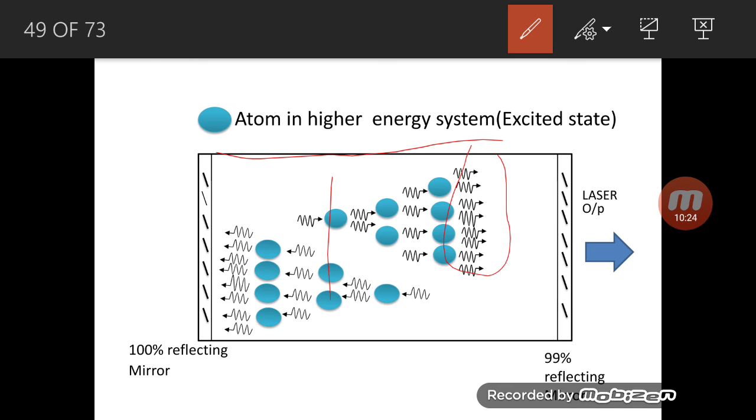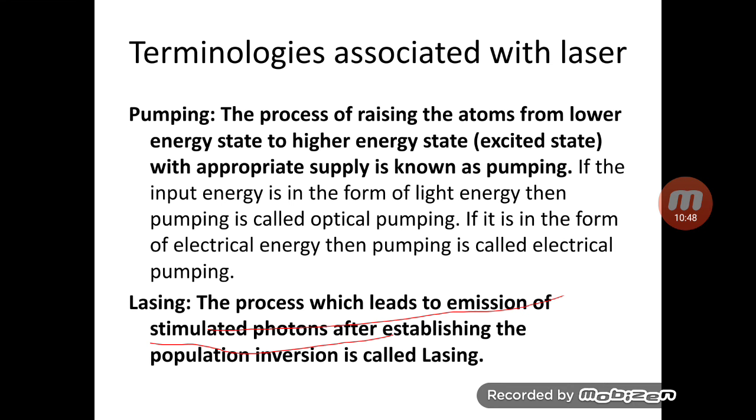Now, lasing is such that the atoms should first be pumped to the higher energy level. After pumping them to the higher energy level, they should stay there for a longer time. After that, we should get the stimulated emission. This process is called lasing. So how is it defined?